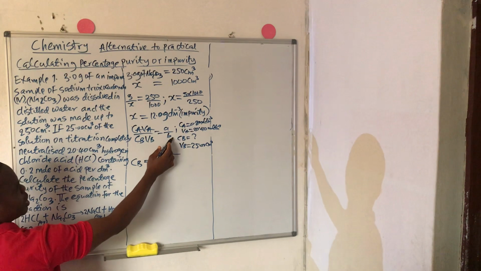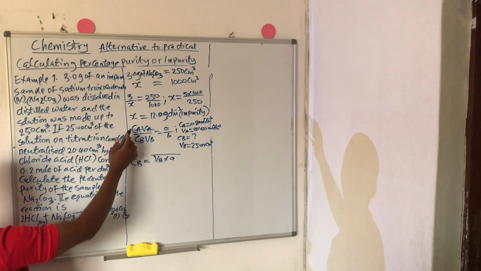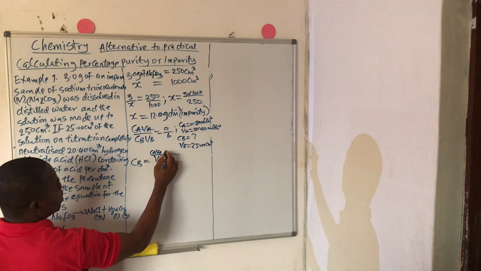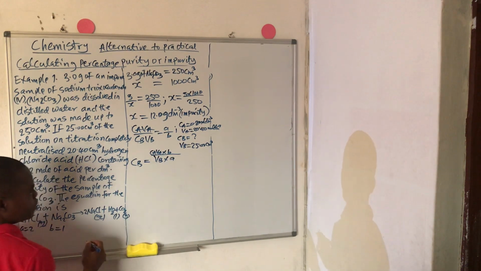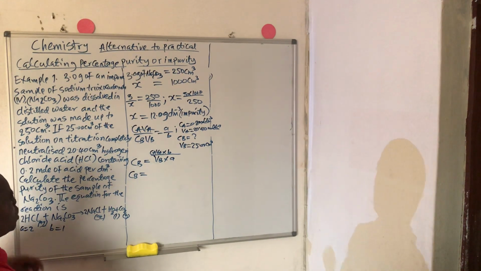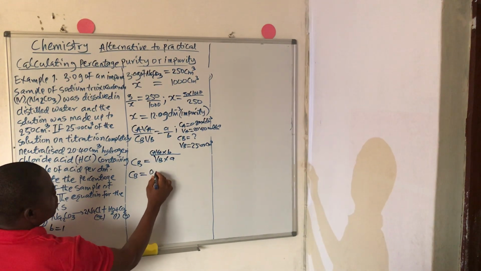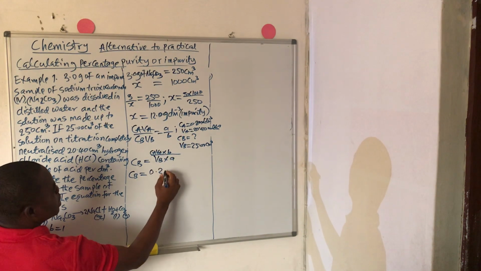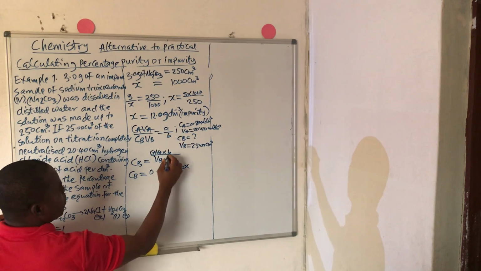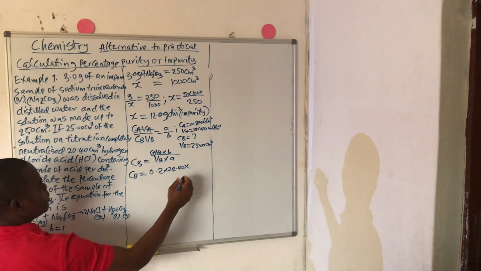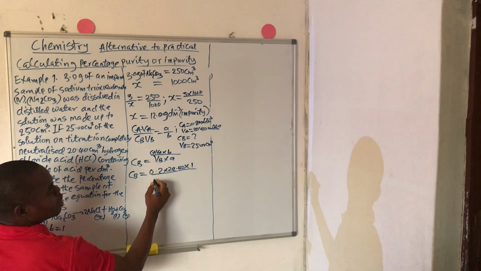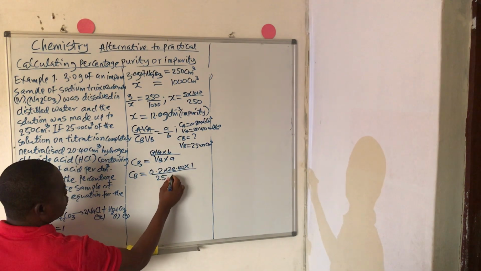Then anything that does not contain Cb will go up, and that gives us CaVa multiplied by B. Now our Ca is 0.2, our Va is 24.40. Our B, the mole ratio of the base, is 1, divided by our Vb, the volume of the base, which is 25.